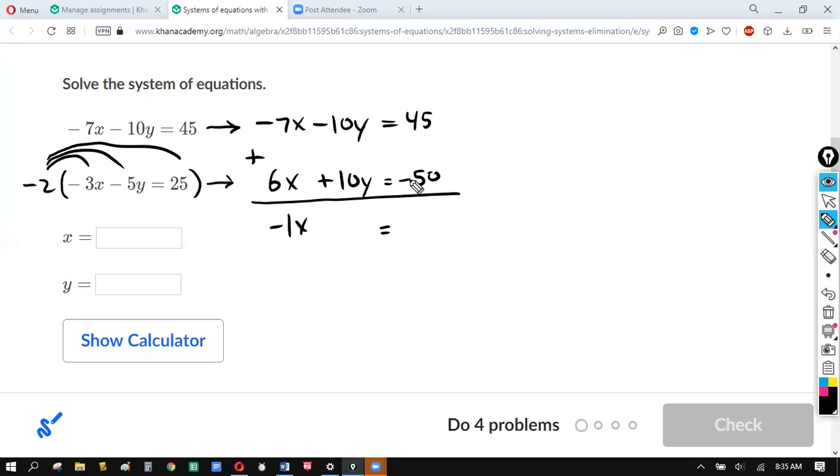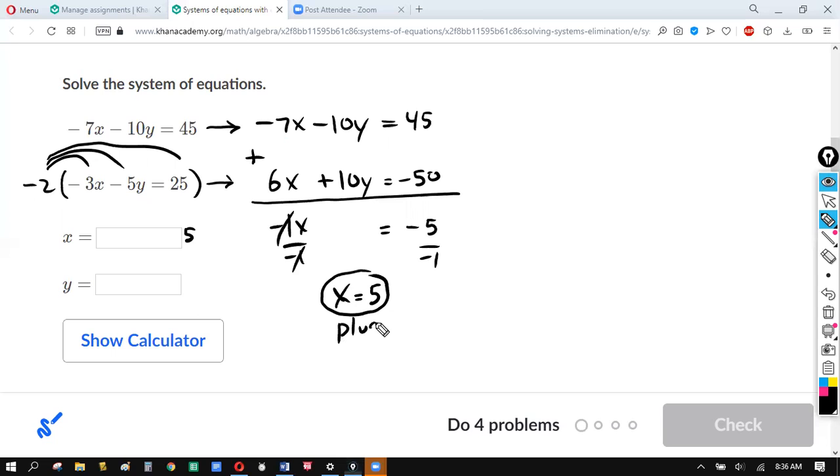And 45 plus negative 50 is negative 5. Okay, dividing both sides by negative 1, the negative ones cancel, and x equals positive 5, right? Because a negative divided by a negative is a positive. That 5 goes in the box.